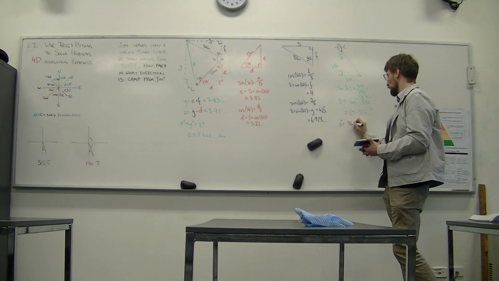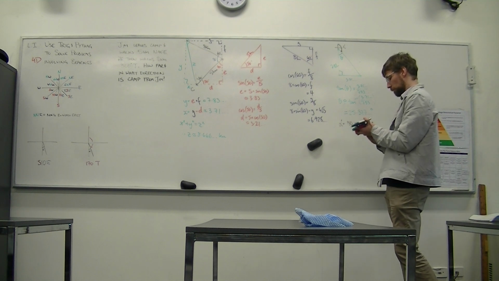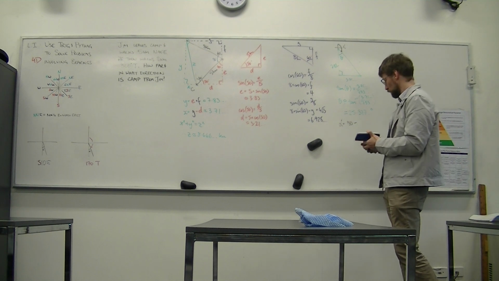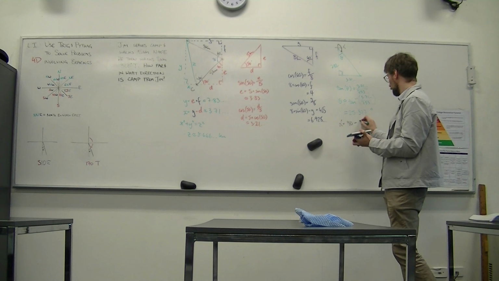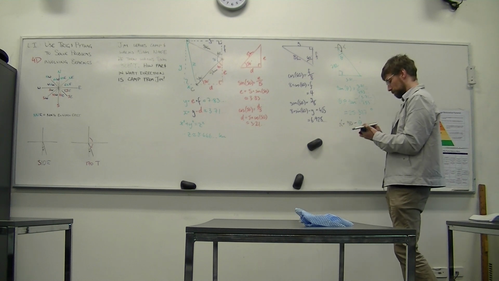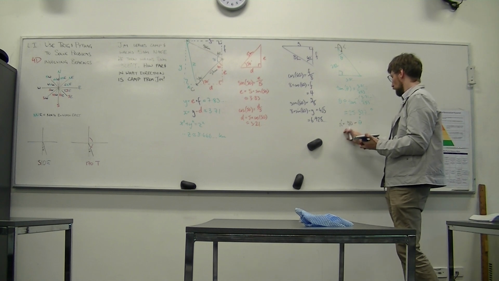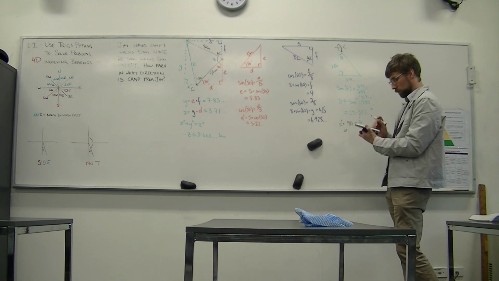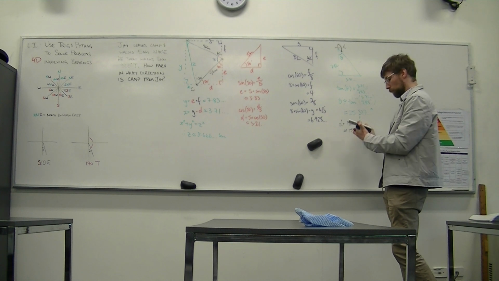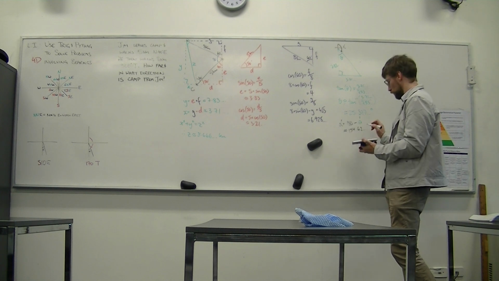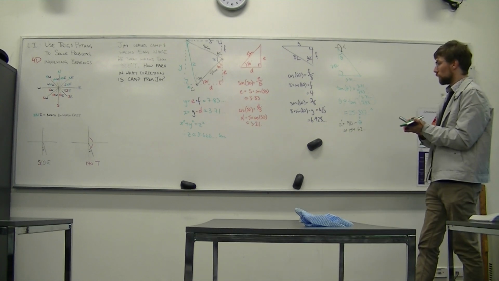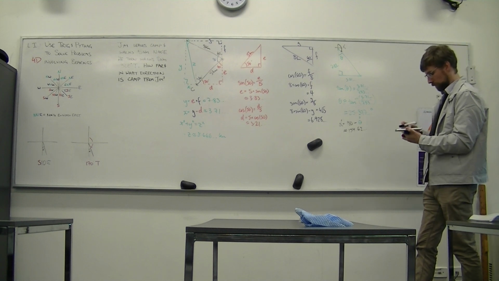Alpha equals 180 minus theta. So that's roughly equal 154.62-ish. Cool, okay, great. So that's that.